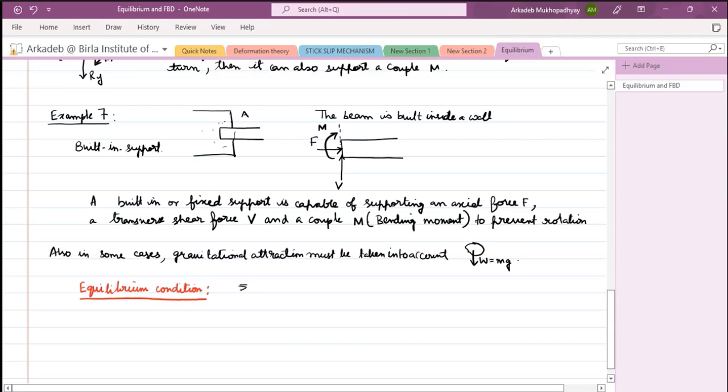For the 2D case, summation of forces in x direction equal to 0, summation of all forces along y direction is equal to 0, and summation of moment about all points will be equal to 0.